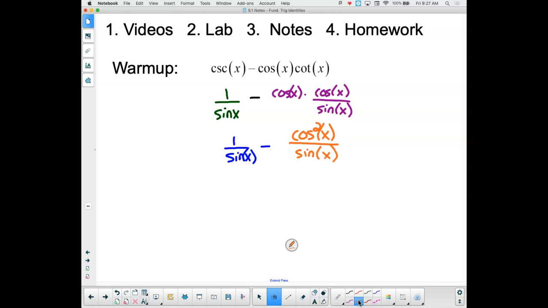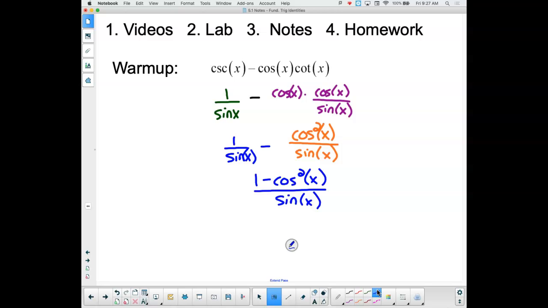I went to that. Common denominator? Then what?